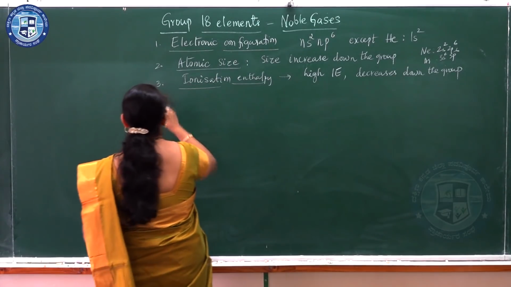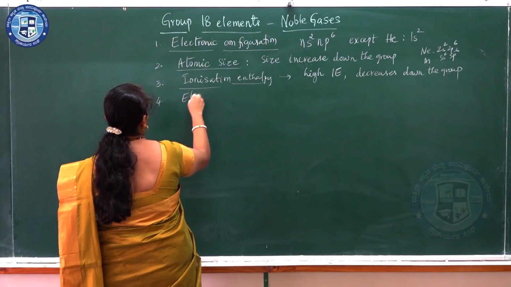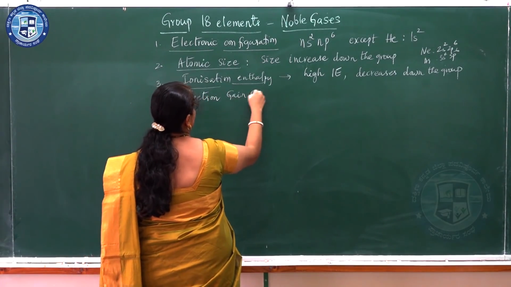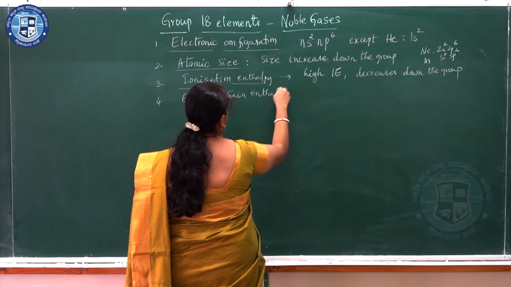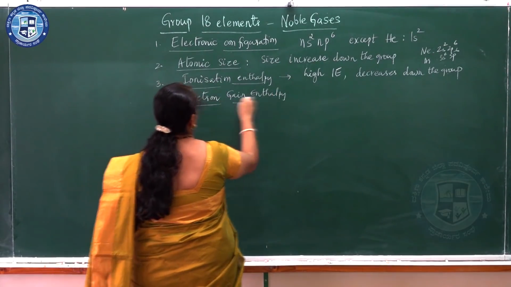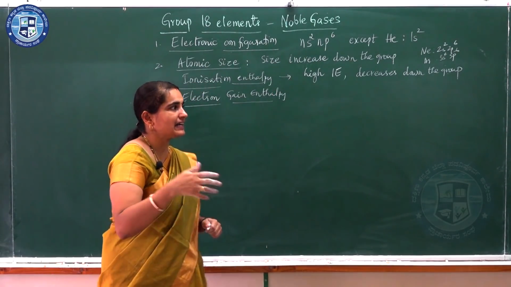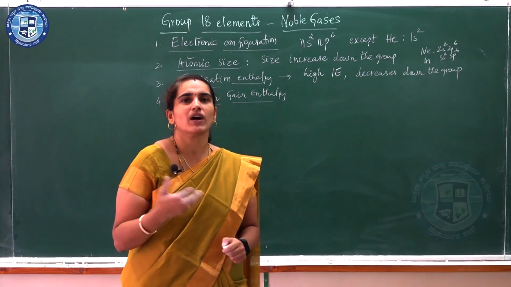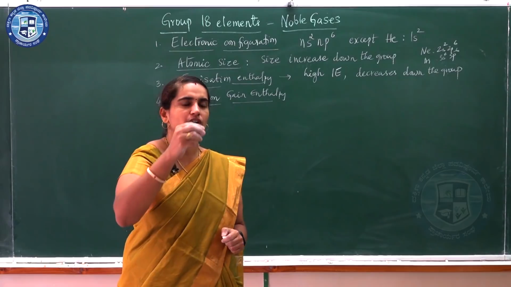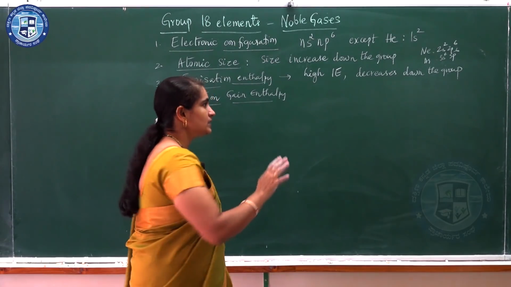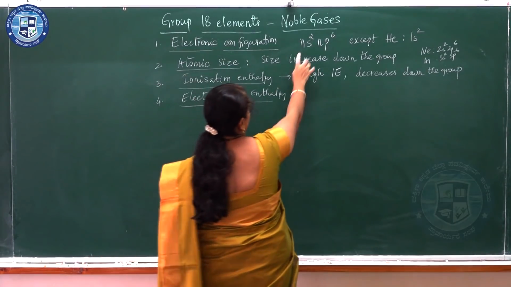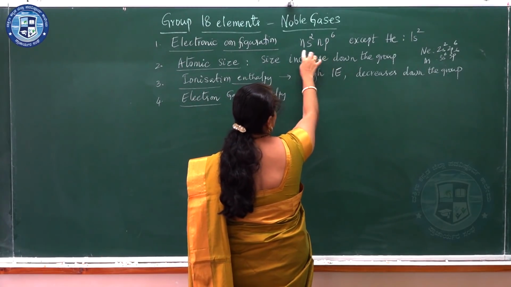Next, electron gain enthalpy. You know that in electron gain enthalpy, we add an electron. So whenever we are adding an electron, some amount of energy is generally released. Now if you see, students, in this case it also has a completely filled shell.